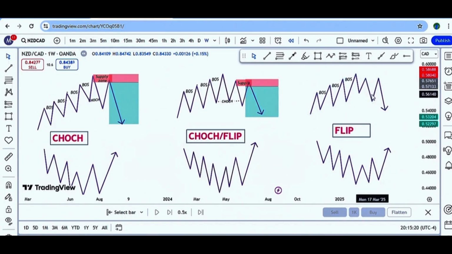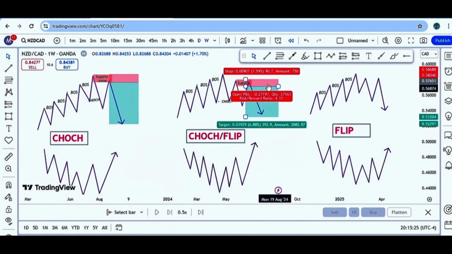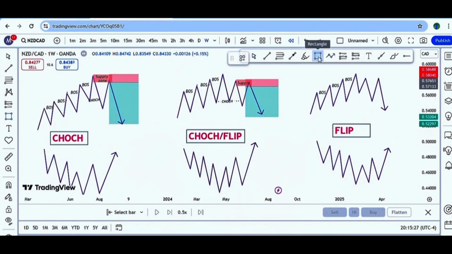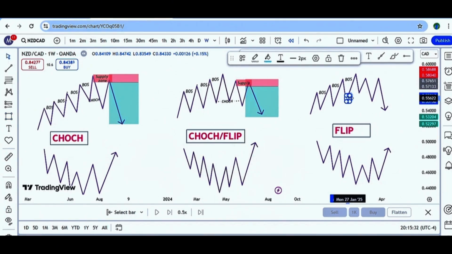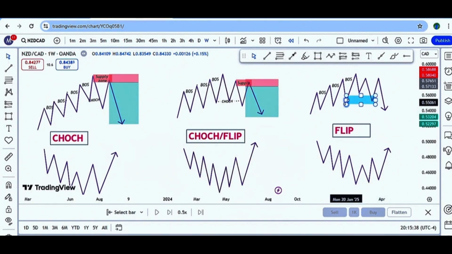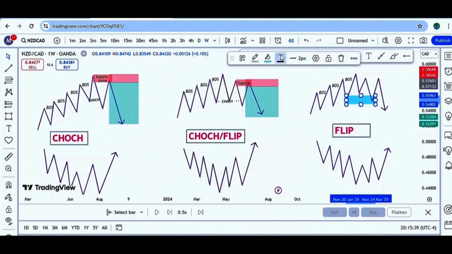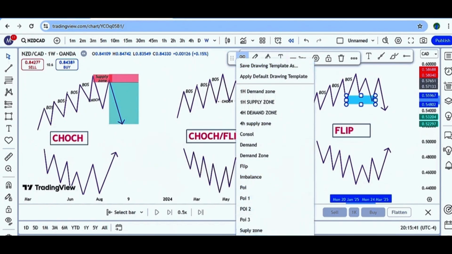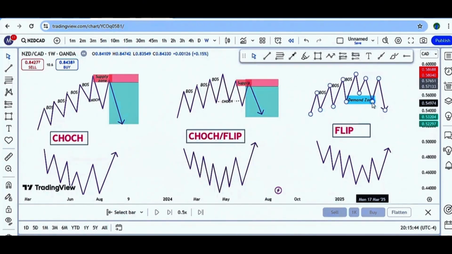Why I don't normally enter this trade, why I don't normally use this model, is because it's 50-50 chances. Price can come to the demand zone here, price can come to the demand zone over there, and fly to the upside without reversing on the flip here.